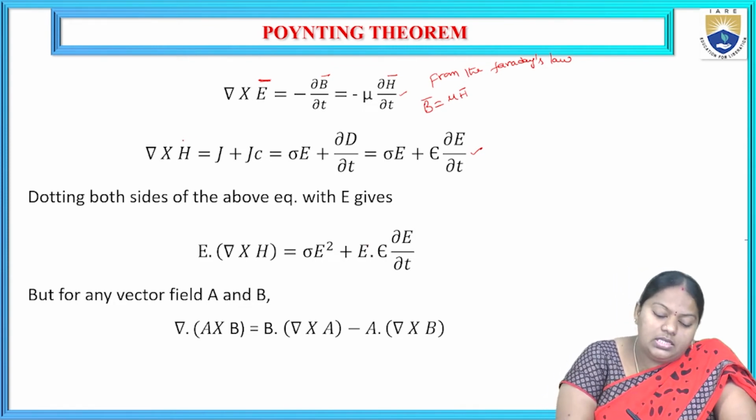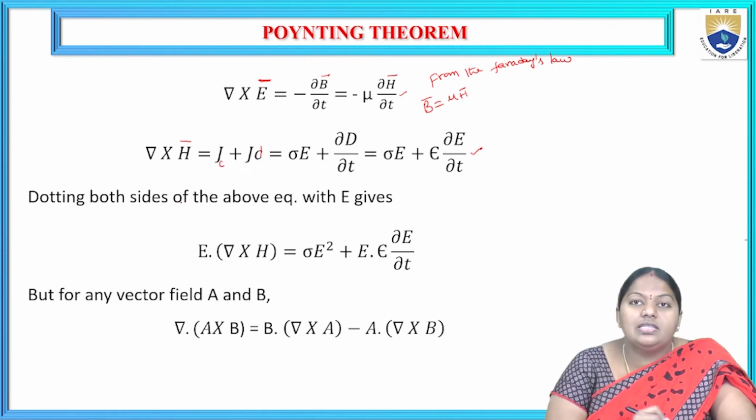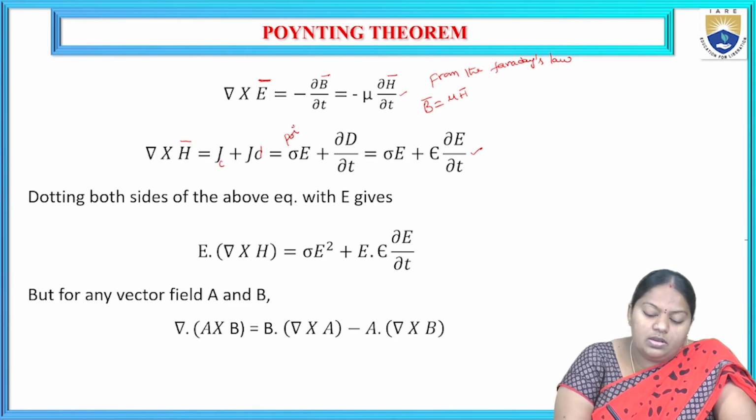and it should be considered as del cross H bar equal to JC plus JD, where JC is said to be the conduction current density, also known as the point form of Ohm's law. Okay, so what actually is Ohm's law?